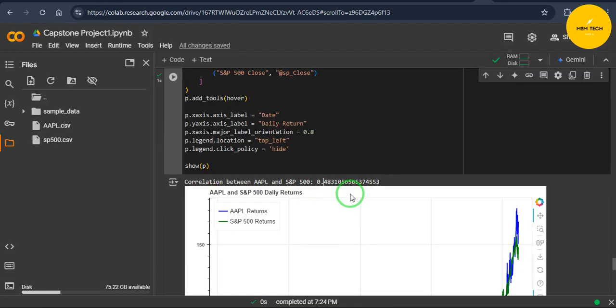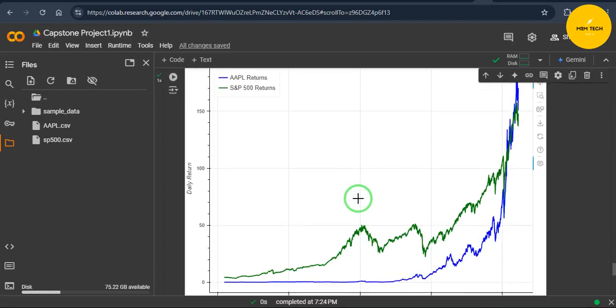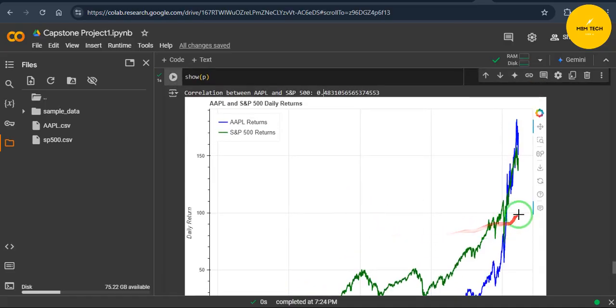Moderate positive correlation suggests that Apple stock is influenced by the overall market, but there are additional factors at play. And we can see here during the pandemic, Apple's growth was better than the overall market and the index.